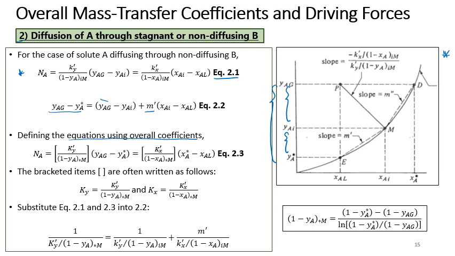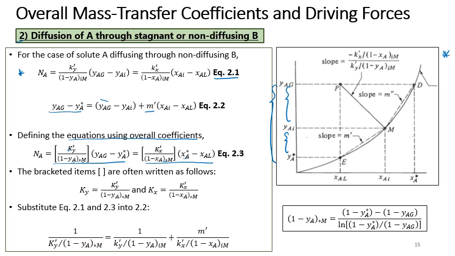We don't use the A sub i anymore in the gas and liquid phases. So NA equals, because of the overall we use capital K, and instead of yAi use yA star, the log mean. So yAG minus yA star is in terms of the gas phase, and in terms of the liquid phase driving force, 1 minus xA star M, xA star minus xAL.